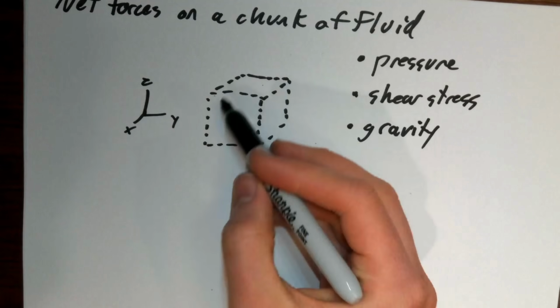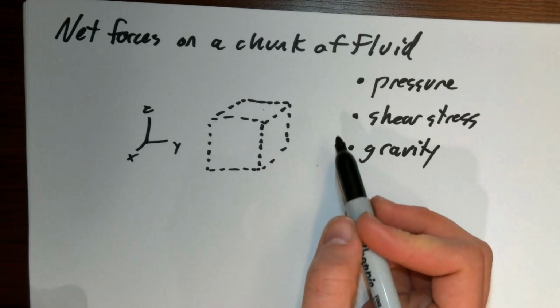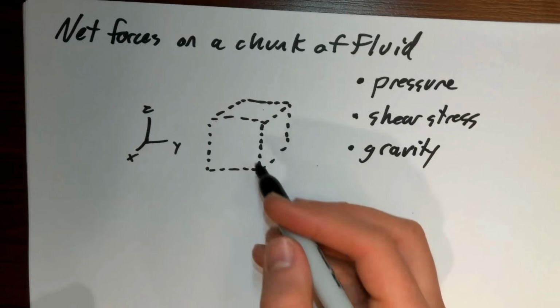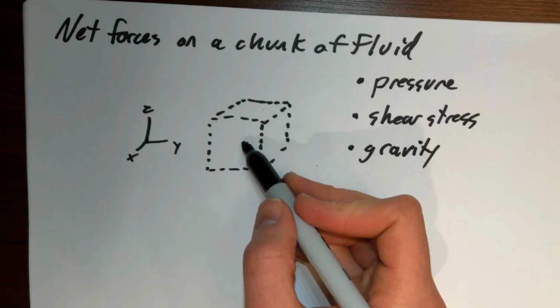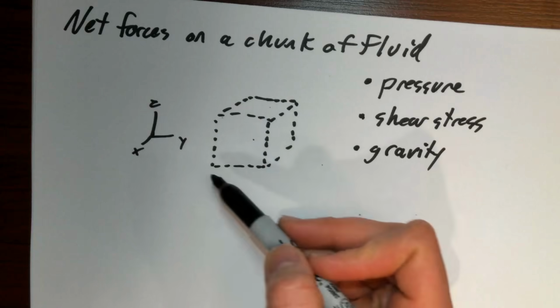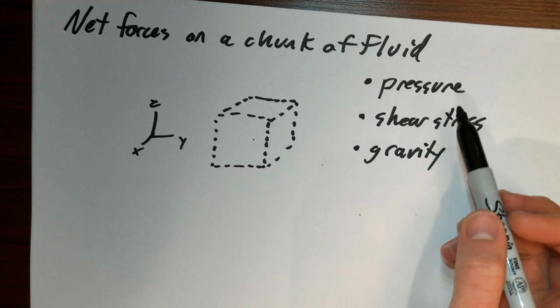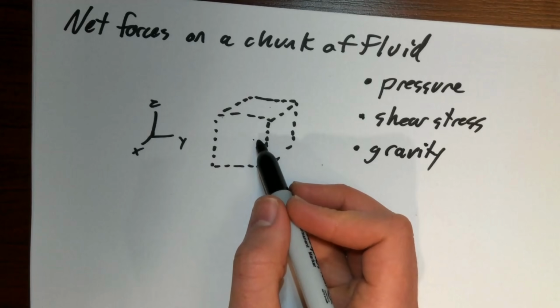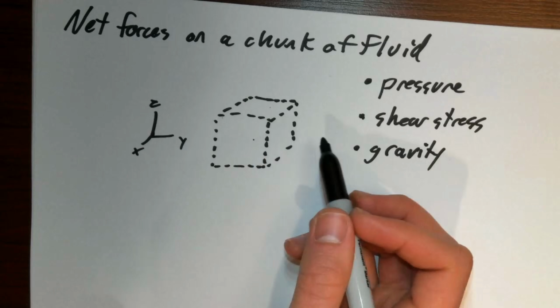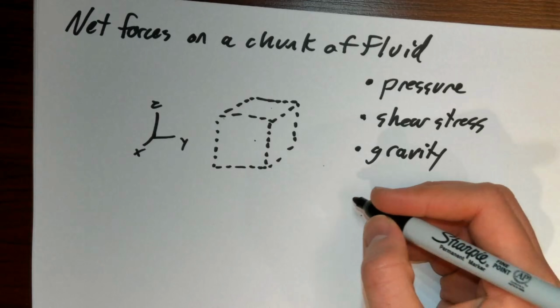If I have some chunk of fluid, Newtonian mechanics applies to it. If I want to consider net forces on this chunk of fluid, then the sum of forces is equal to mass times acceleration. So let's square it out.